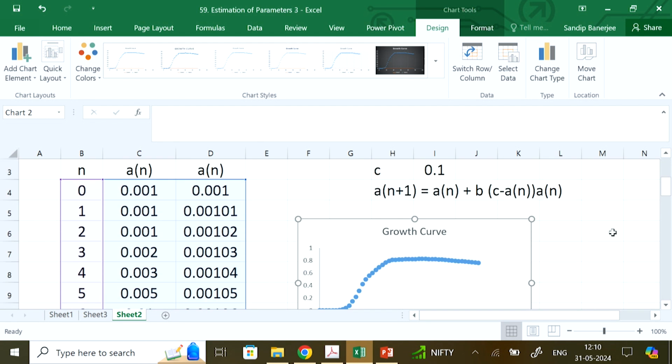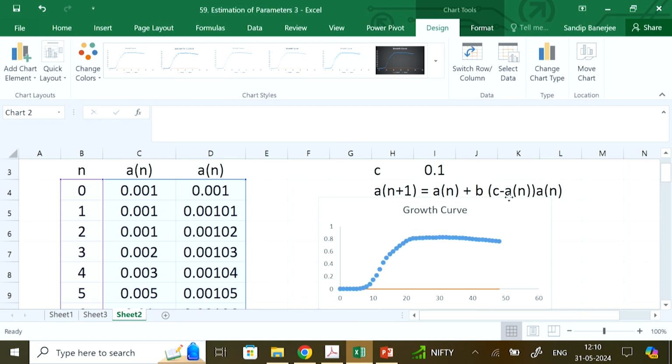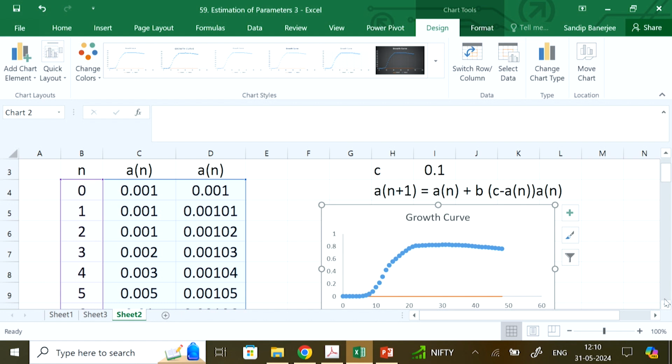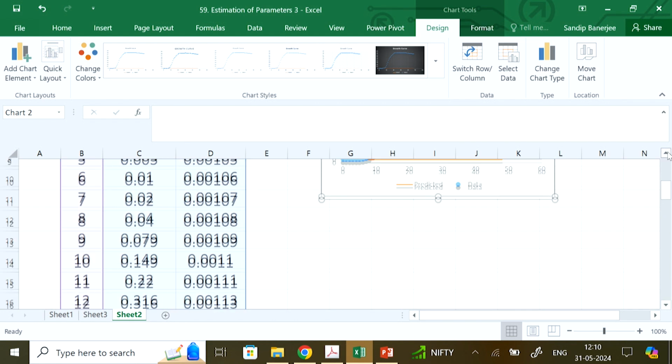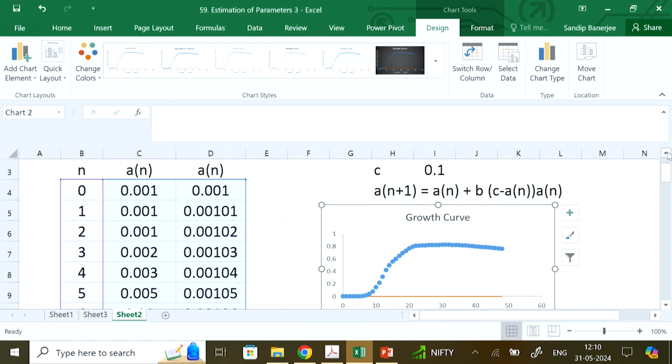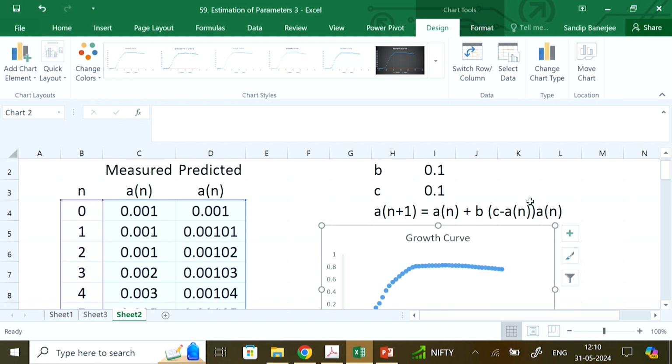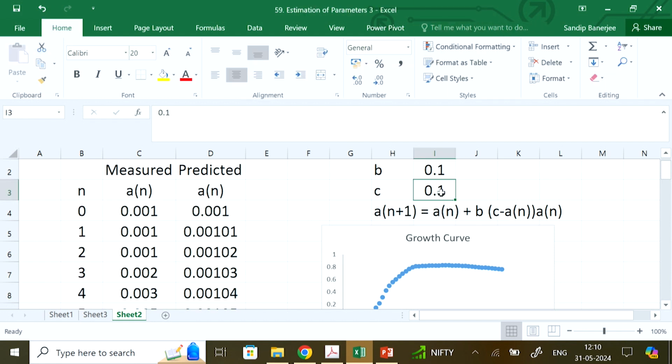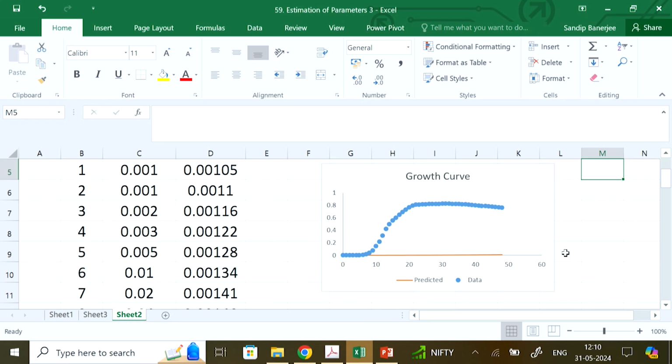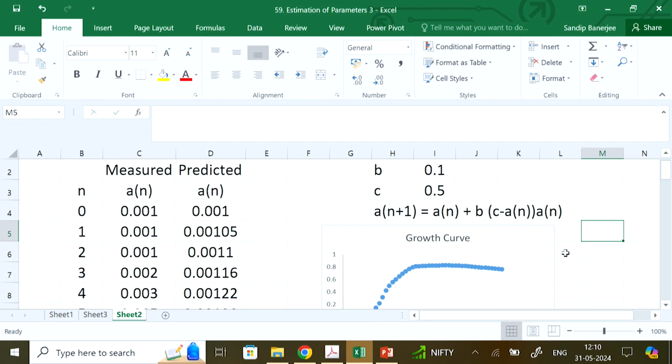Not a very good match, but you have to play with the values. So you have a B and a C. Let's take the value of this as 2.5. Okay.